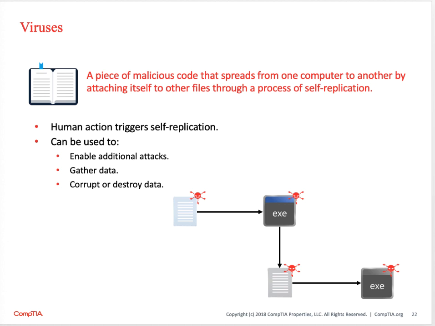Also, armored viruses can have obfuscated code, hidden code, so that it's hard for security researchers to reverse engineer the virus, right? So we can have encrypted viruses, armored viruses, and polymorphic viruses.